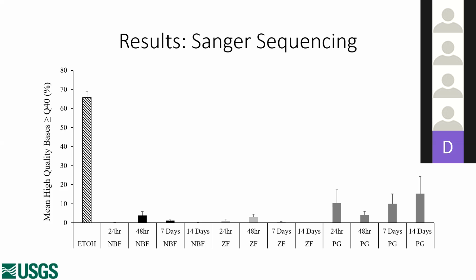And here is where PAXgene did kind of perform better than the formalin fixed samples. And between the neutral buffered formalin and Z-fix samples, those fixed for 48 hours had the best quality sequences. Whereas for PAXgene, the best quality sequences were obtained at 14 days.